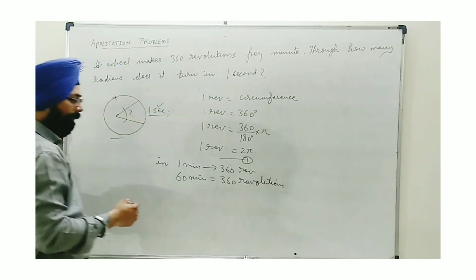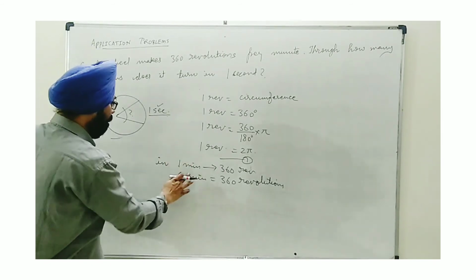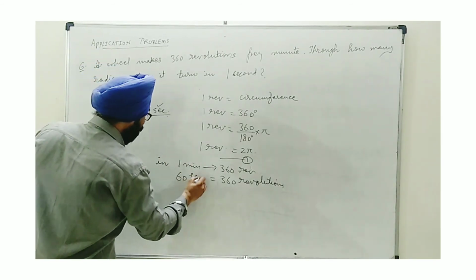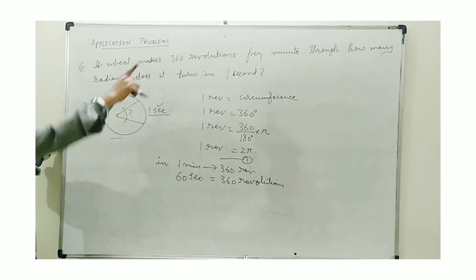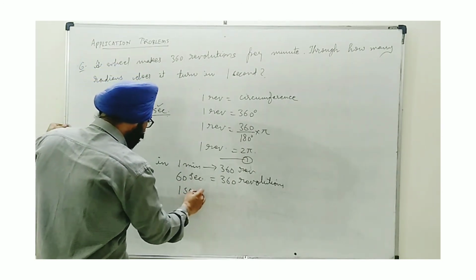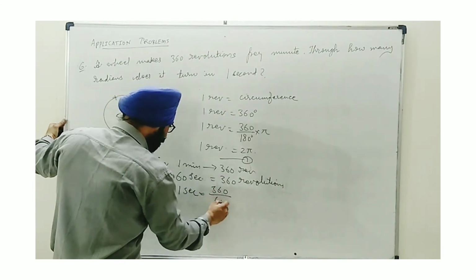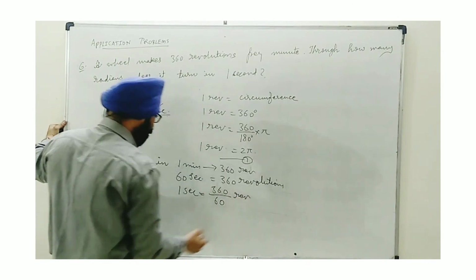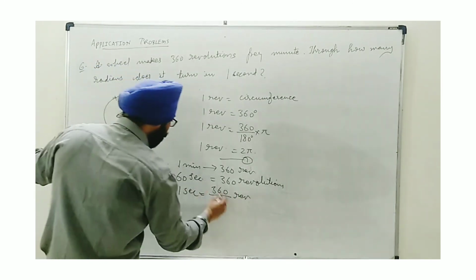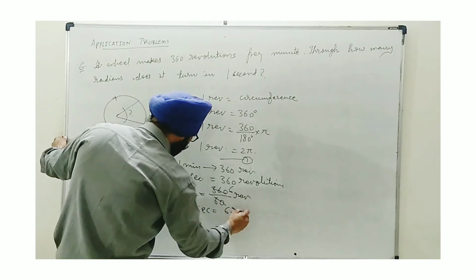Now we need to find in 1 second. So 1 second will be equal to 360 divided by 60 revolutions. So here we get 6 revolutions. So 1 second is equal to 6 revolutions.